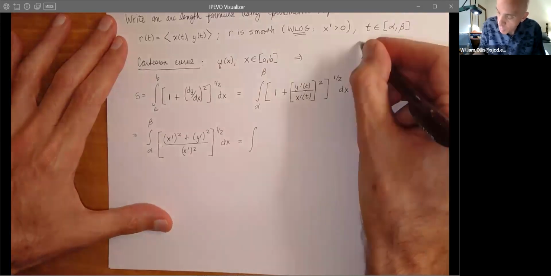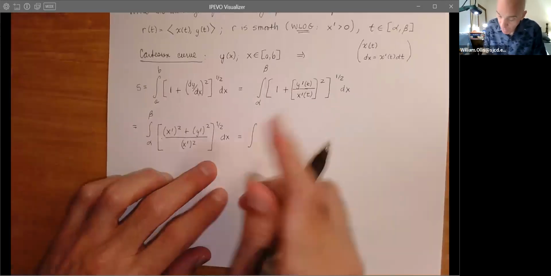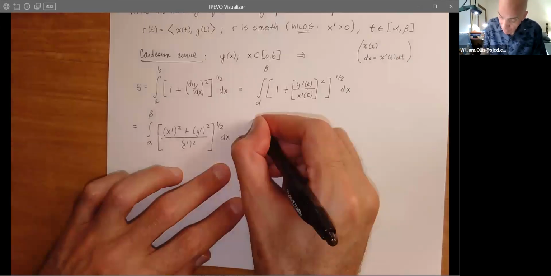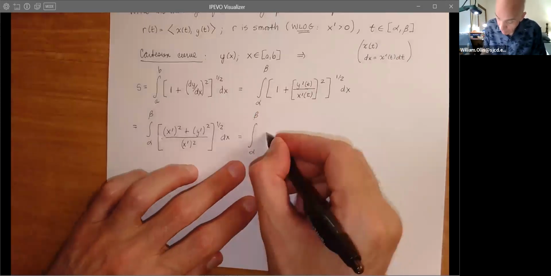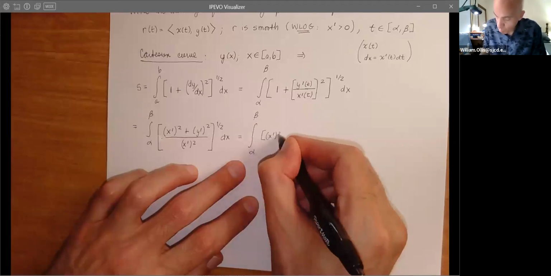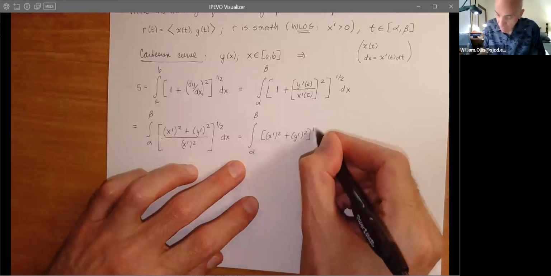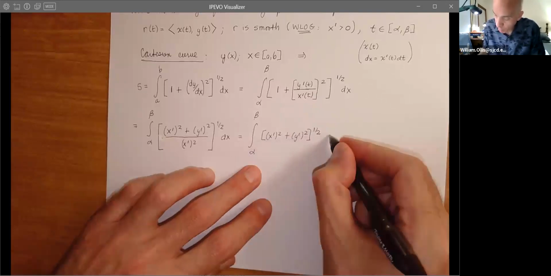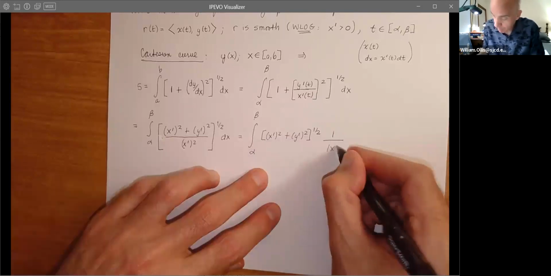So we'll eventually use that. This is a function of t. So we get alpha, beta, and now we've got what? x prime squared plus y prime squared to the 1/2. And then we've got 1 over the absolute value of x prime.